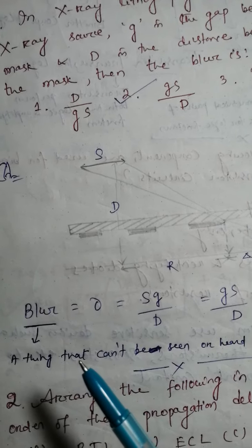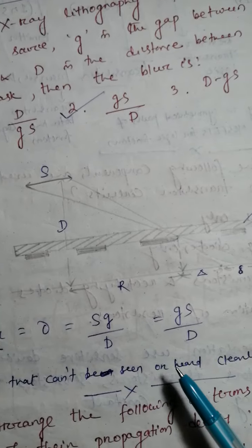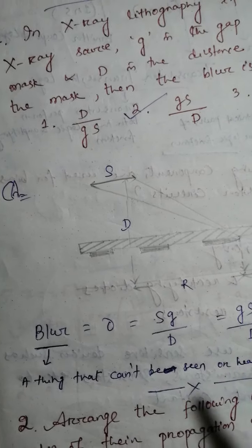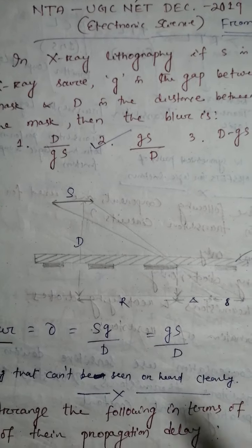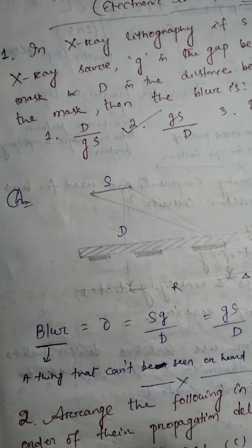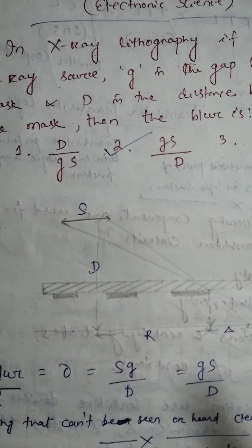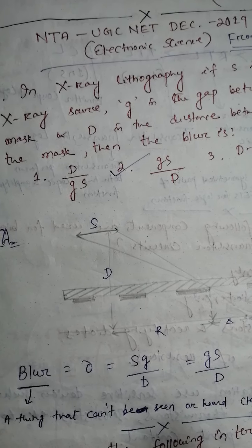Blur is something that can't be seen or heard clearly. If there is a blur, we can't see things properly, or we can't hear things properly.